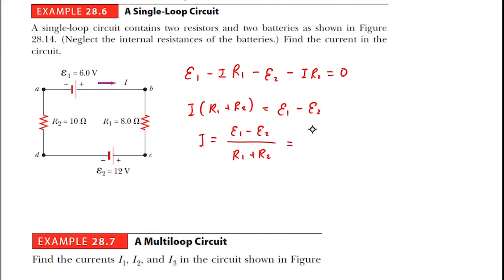And then this is 6.0 volt minus 12.0 volt over the resistors, 8.0 ohm, that's ugly, plus 10.0 ohm. Is that negative 1/3, right?